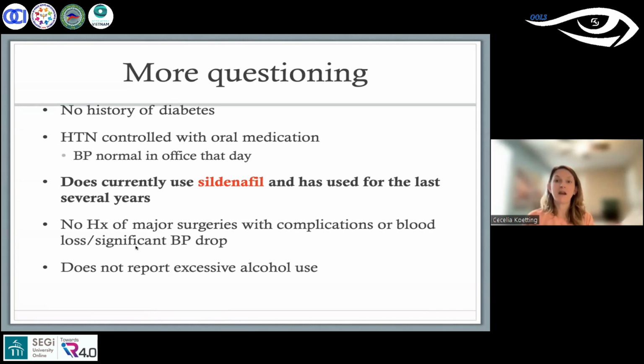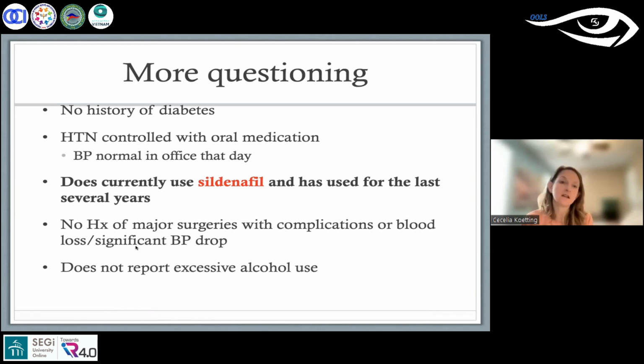So when we're talking about NAION or damage to the optic nerve, you want to ask about alcohol use. You want to ask about bariatric surgeries or any kind of surgeries involving the gastrointestinal system, because they can have issues with absorption of different vitamins, especially the B vitamins, which then leads to nutritional deficiencies, and you can get optic neuritis and issues from that.